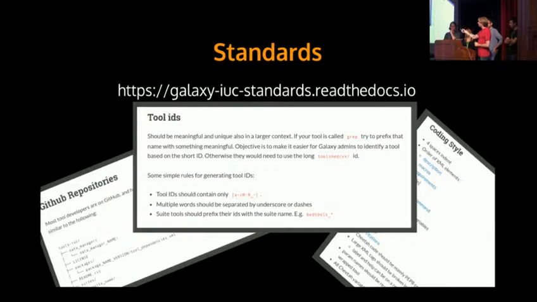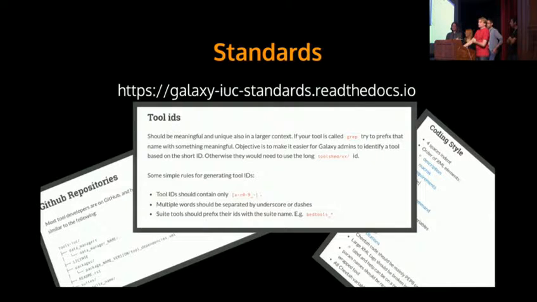As you see here, we have guidelines for how to design tool IDs so that they are unique, so that they can be used by an administrator, but are not complicated for the tool developer. We also have guidelines for coding styles, how you design your XML file, and so on.